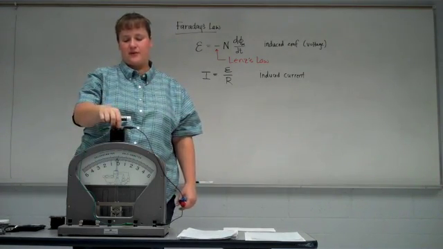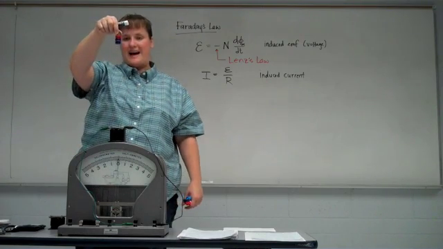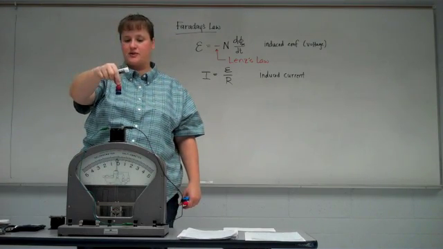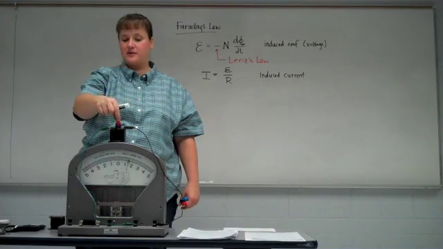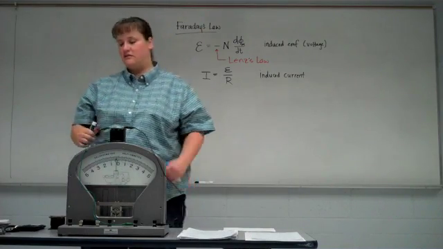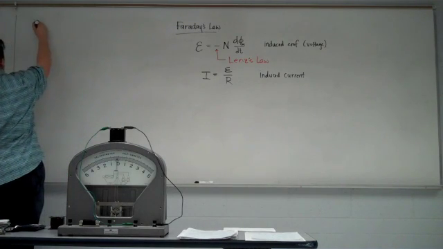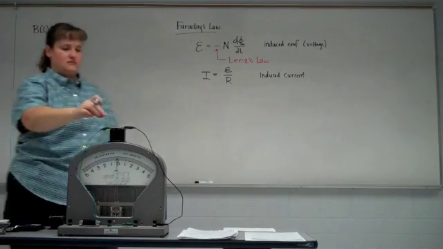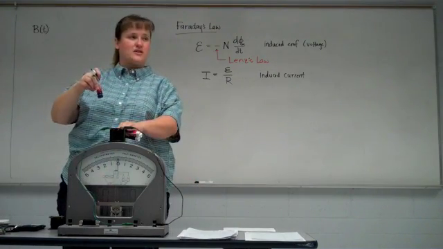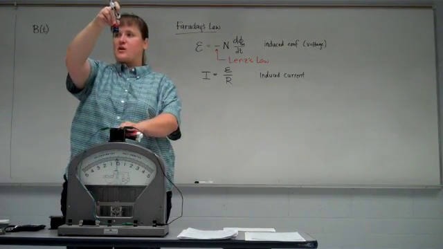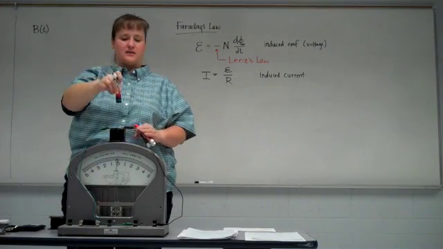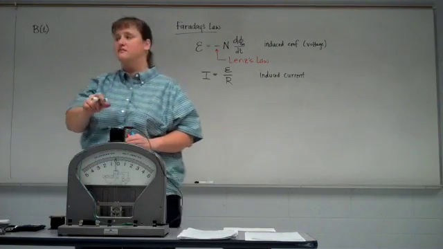So for example, if we had a way to describe how this magnetic field is changing as I bring it in, getting bigger and bigger and bigger. Let's just make something up. The magnetic field at the location of this coil versus time is going to start out small and get bigger and bigger as I bring the magnet in.